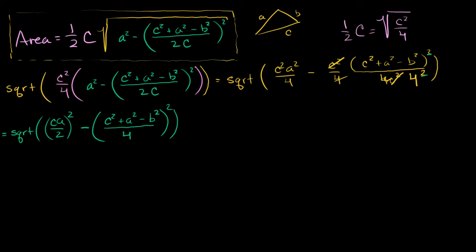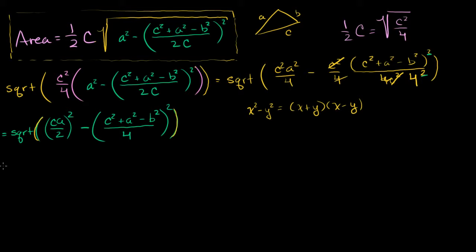Now, this might look a little bit interesting to you. You might remember from factoring polynomials that if I have something of the form x squared minus y squared, that factors into x plus y times x minus y. And we're going to be using this over and over again. Now, if you call ca over 2 x and you call this whole big thing y, then we have x squared minus y squared. So we can factor it.